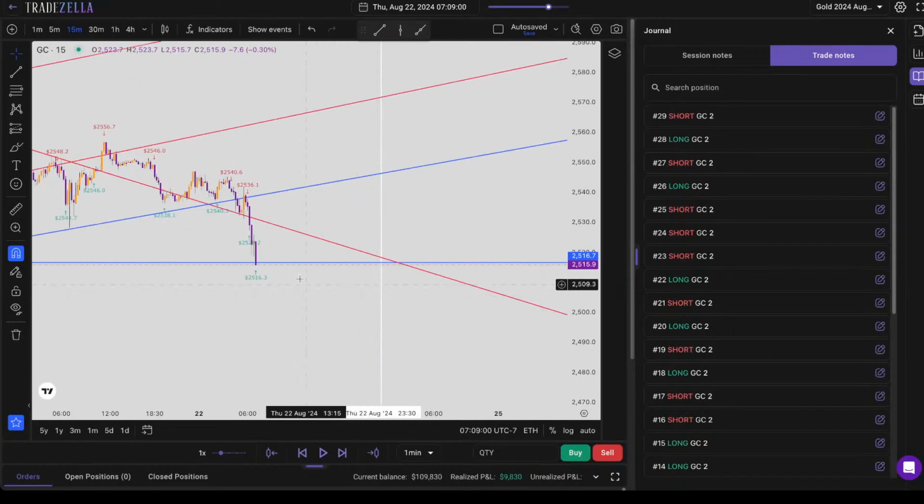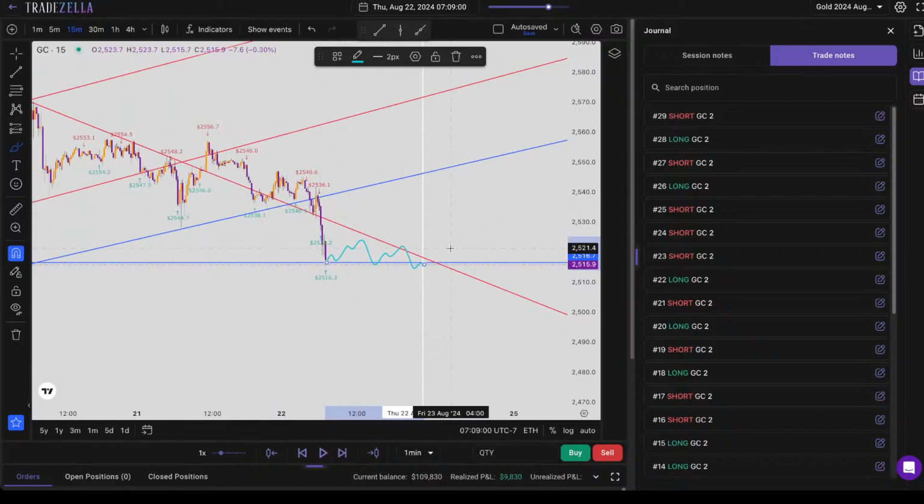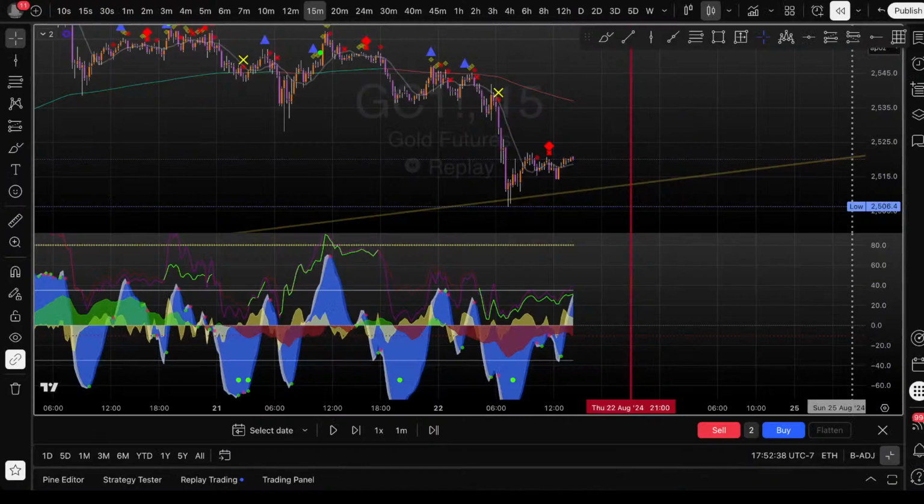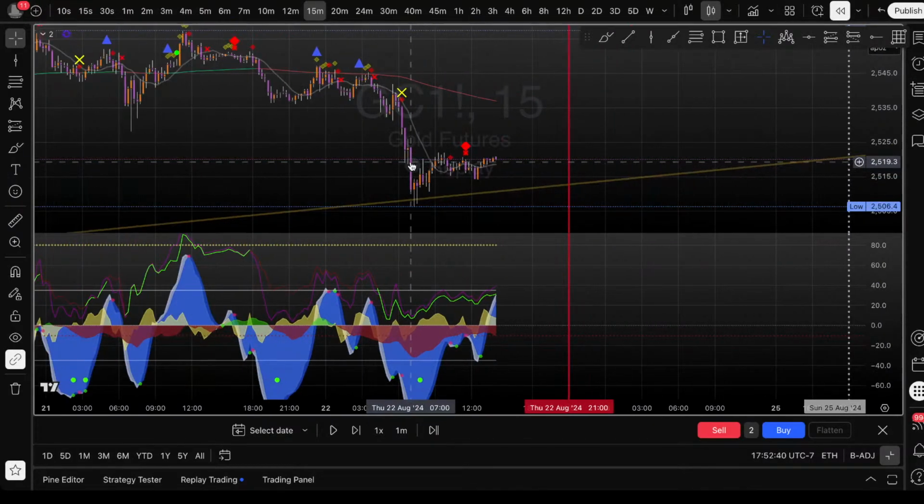Yeah, like I said, she might just kind of do one of these, and we might get caught up in this little formation here. Who knows? But we're going to fast forward and see what we get.